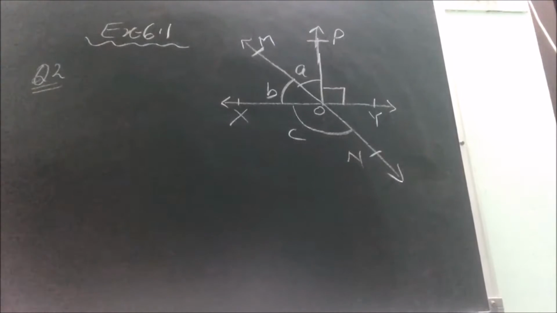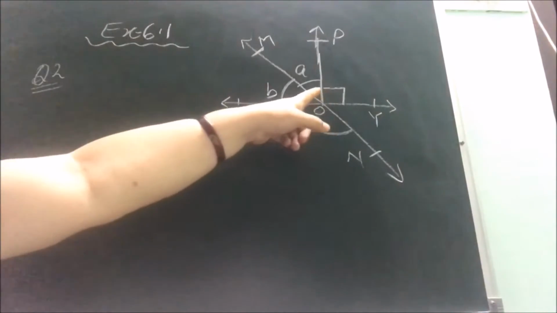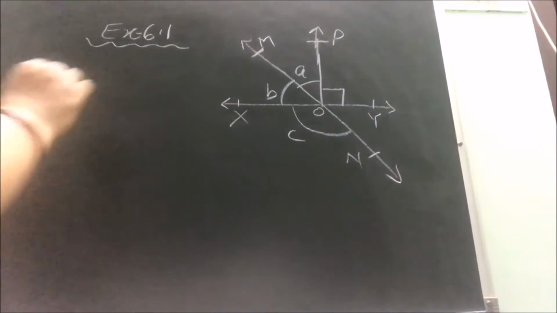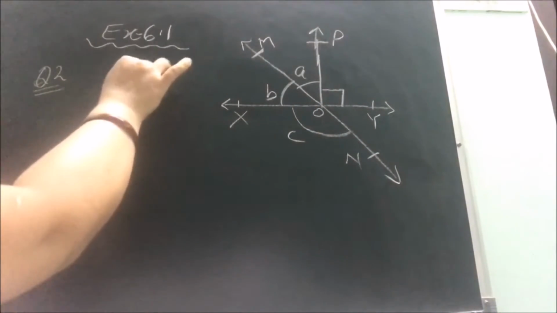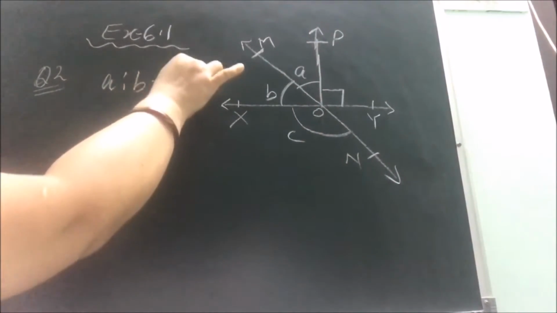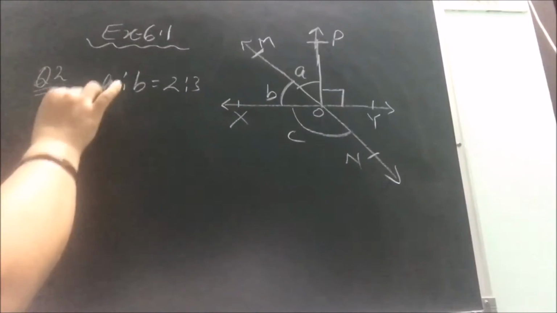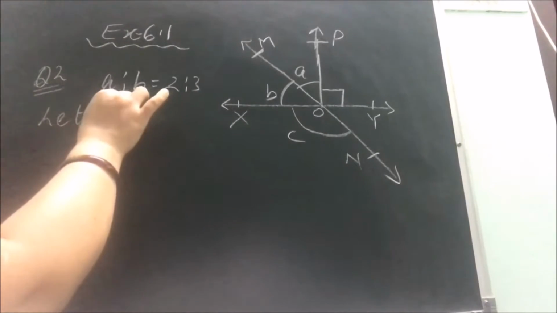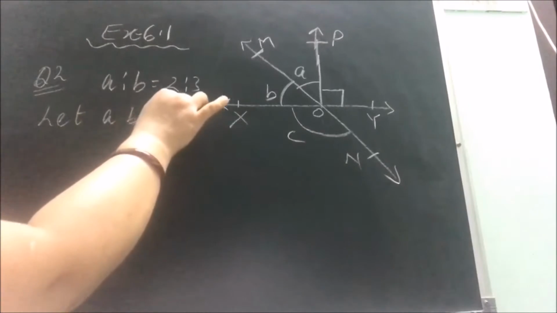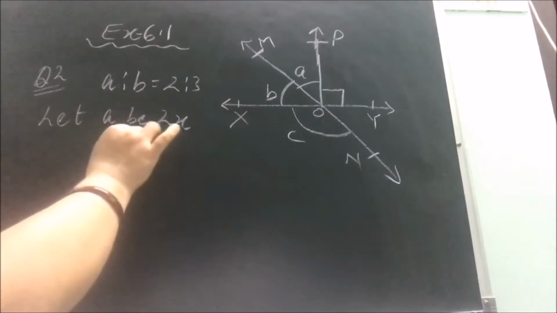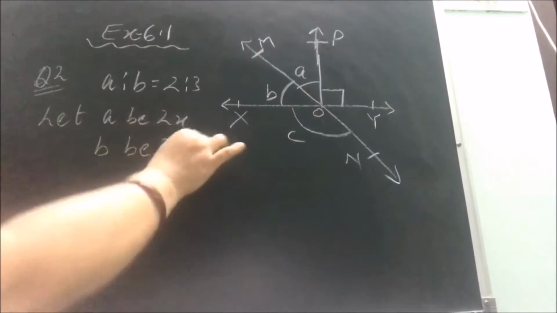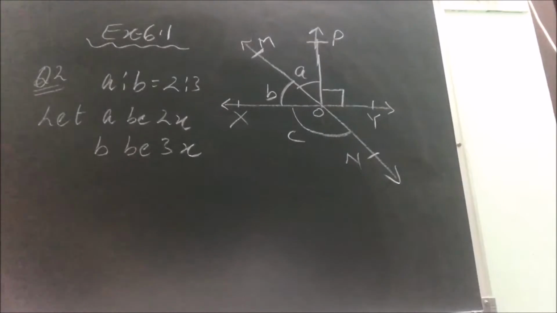Today we will start question number 2 of exercise 6.1. See the figure. This is 90 degrees and the ratio of A and B is given to us. It is 2:3. So let angle A be 2x and B be 3x. Right?